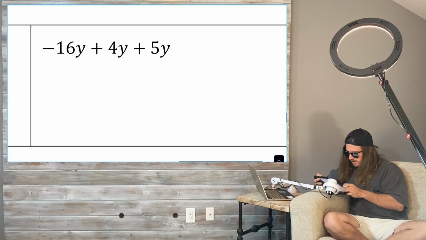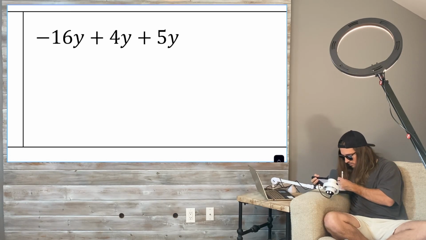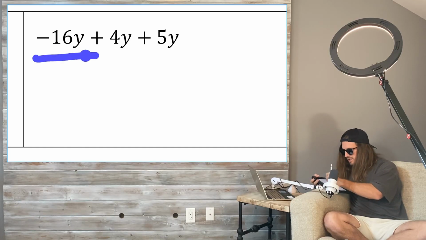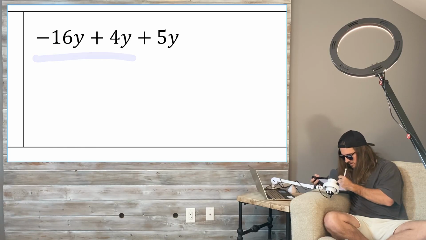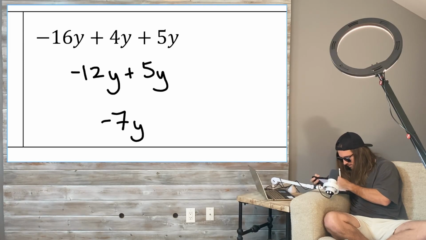Okay, what point am I trying to make with this problem? I don't really know. What is -16 plus 4? -16 plus 4 is -12. Plus 5 is -7y. So there you go.